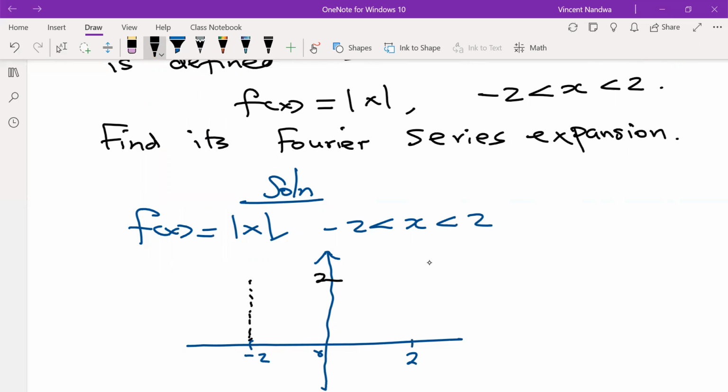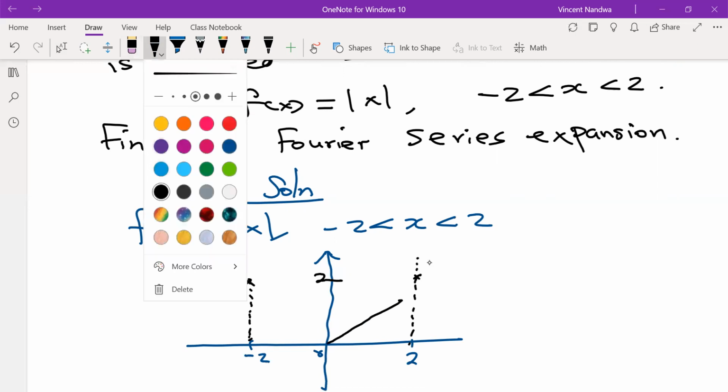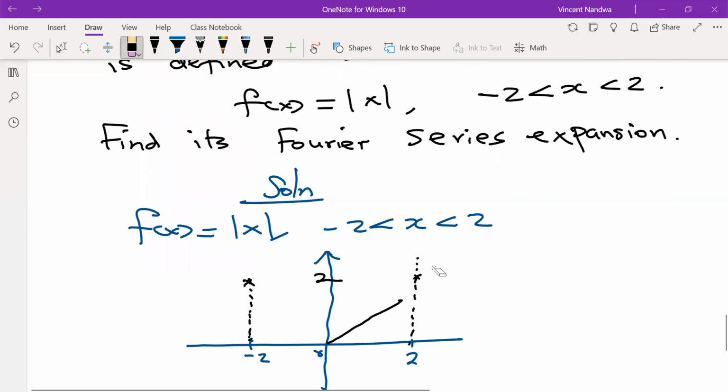When x is minus 2, the value of the function will be absolute value of minus 2, which is 2. So we'll have some value here. When x is 2, absolute value of 2 is 2. So the graph of this function will assume this shape.